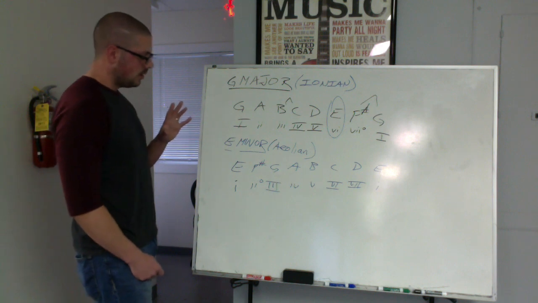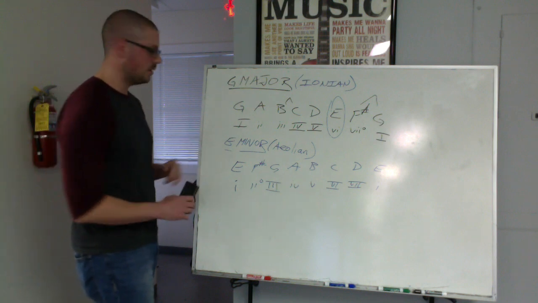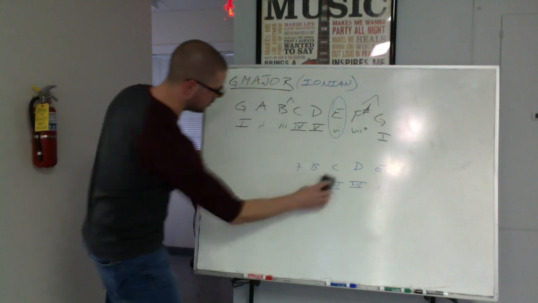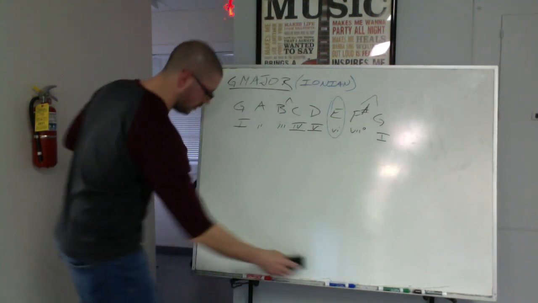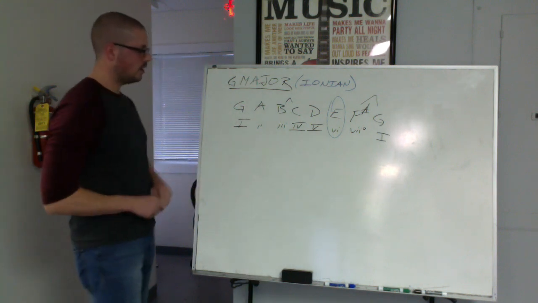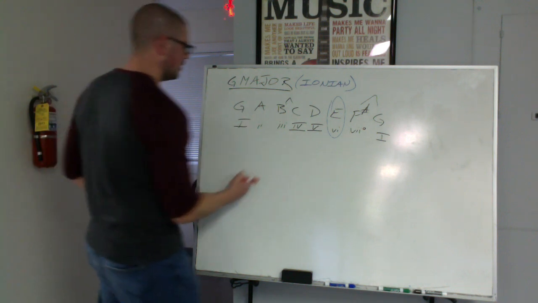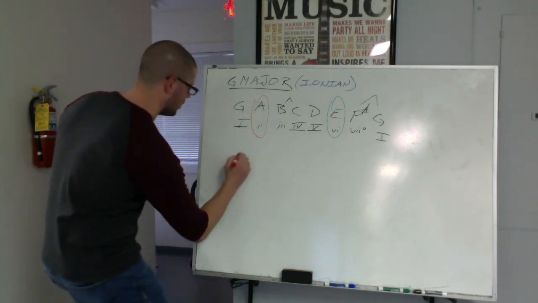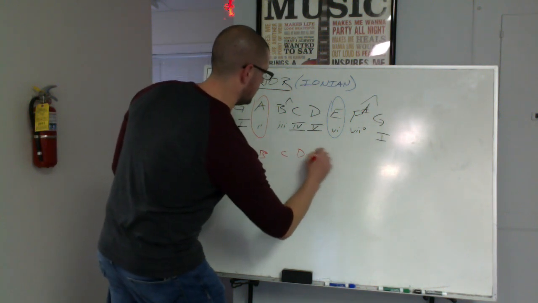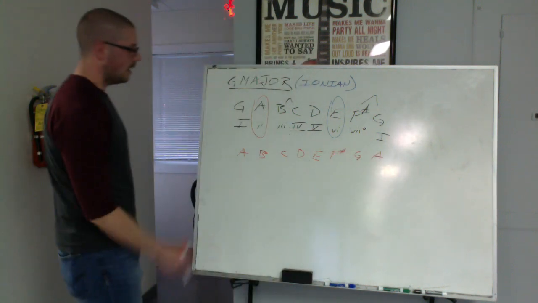So the next thing is, these are major and minor, sort of classic keys. Let's just look at a modal version of this, and I'll do the Dorian mode, which is the second mode. So all I'm going to do now is the same concept of what I just did with major and minor, but this time I'm going to start on A. So I'll go A, B, C, D, E, F sharp, G, A. And then I'm going to renumber these.